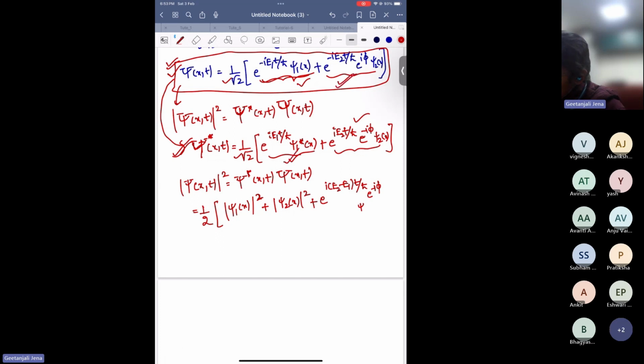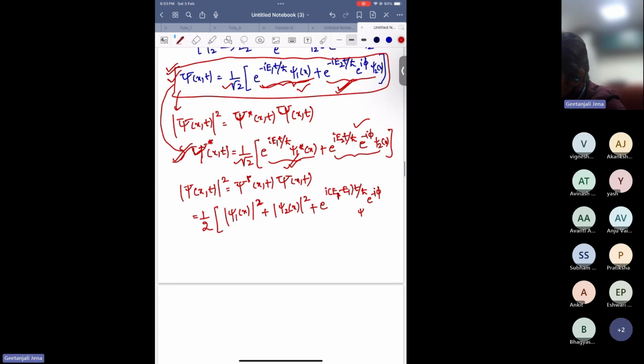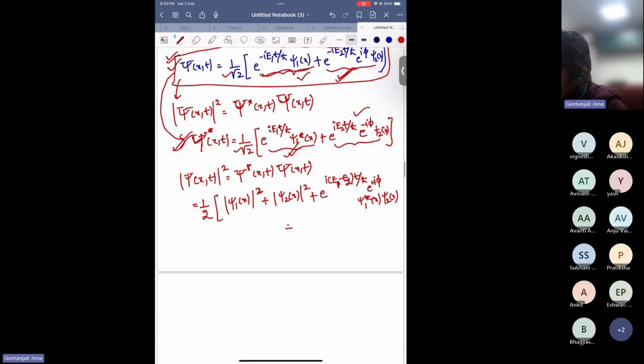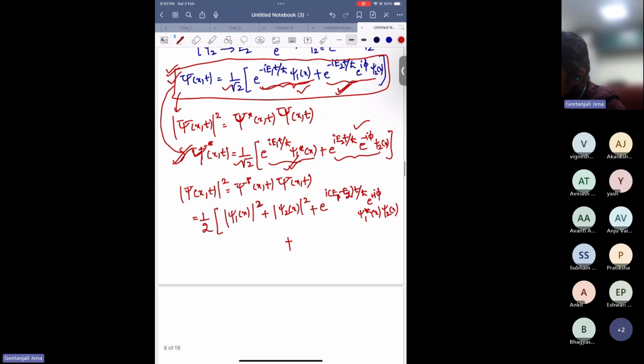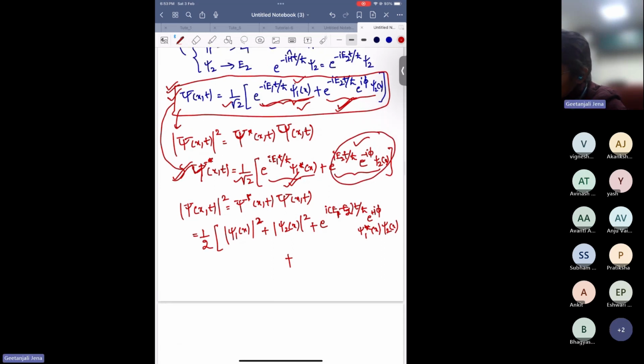If you multiply it, then it is (E1 minus E2) t by h bar, e to the power plus i phi, and psi 1 star x and psi 2. And there will be another term which is multiplying this equation with this.